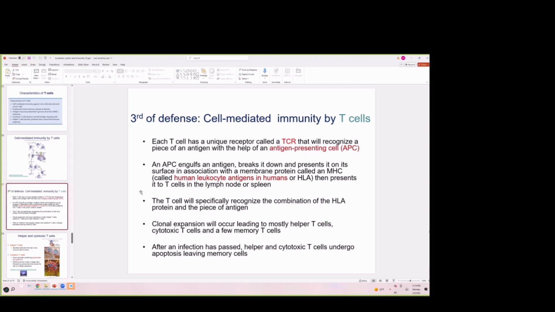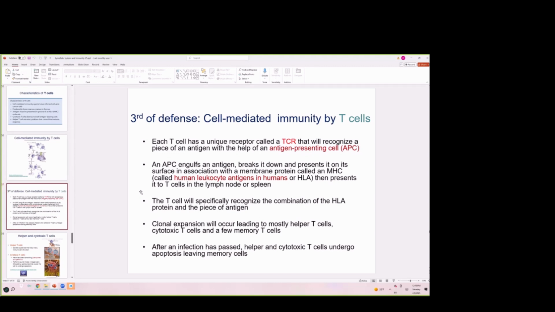T cells, something very similar but slightly different. The T cells do not go directly and bind to the pathogen. Instead, there are cells that engulf the pathogen, bring it into themselves, and then display a piece of that pathogen on their surface, almost like raising a flag.